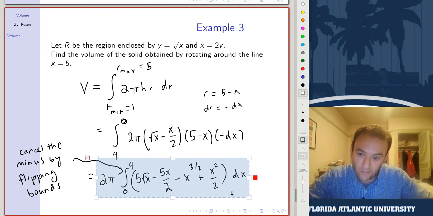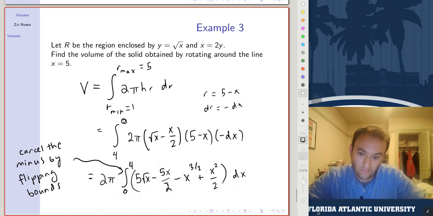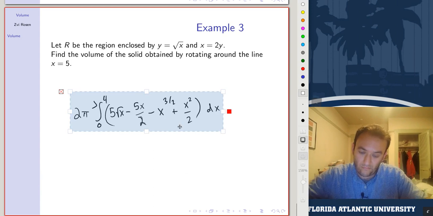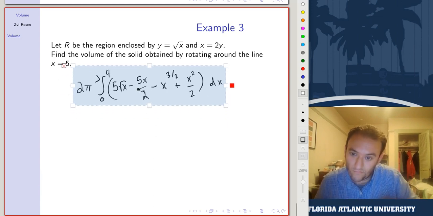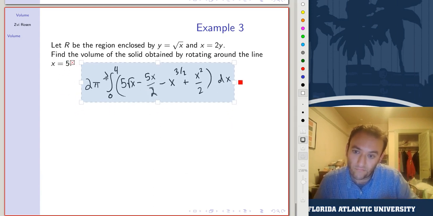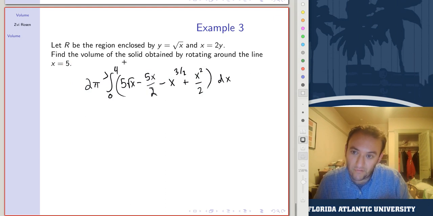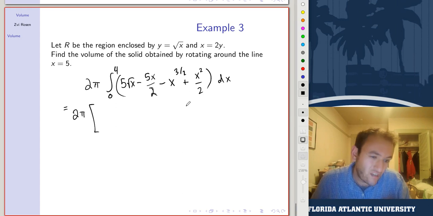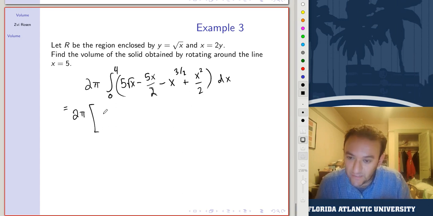Bring this to the next page. Okay. So next up, and we should probably get rid of this arrowhead. Okay. So let's continue to simplify. We have 2 pi. Everything in here we can just use the power rule, so that's not too bad.